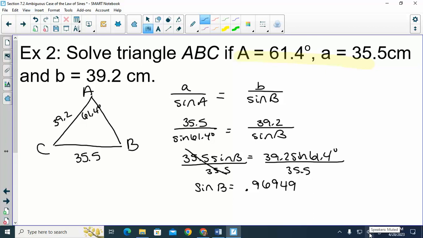So are we going to get an answer this time? We solve for sine, we get 0.96949, so it has to be something between 0 and 1, so we will find an answer this time.